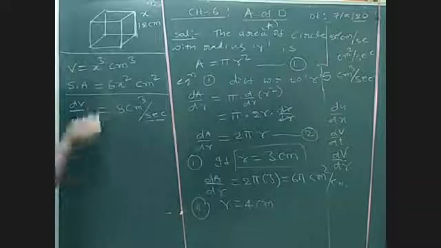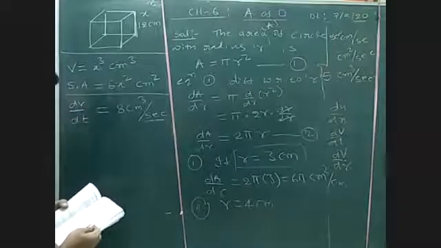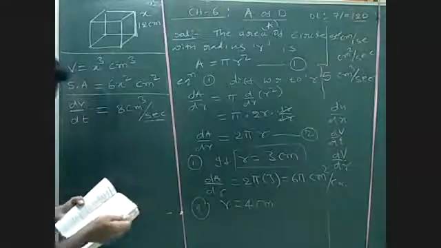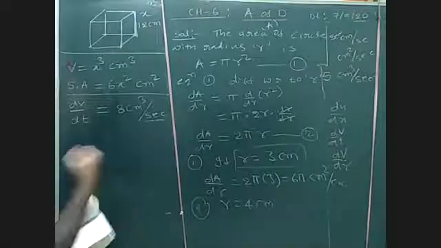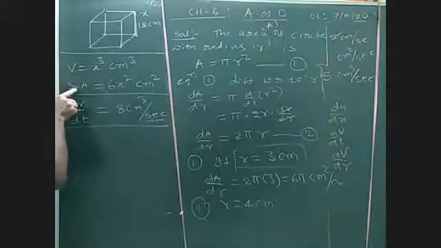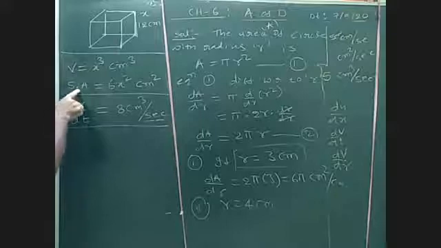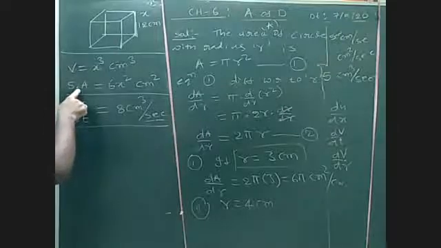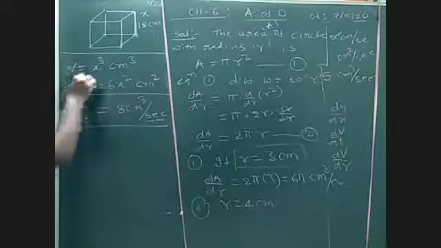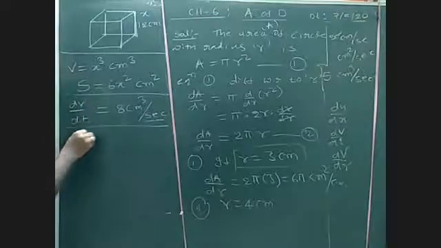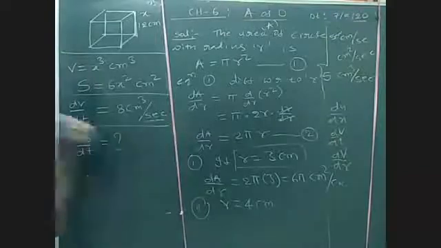I am writing just the given data here. And how fast is the surface area increasing? We need to find the rate of change of surface area. Surface area you can simply take as S. So what is dS by dt?